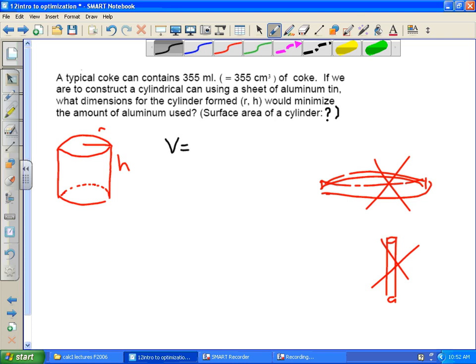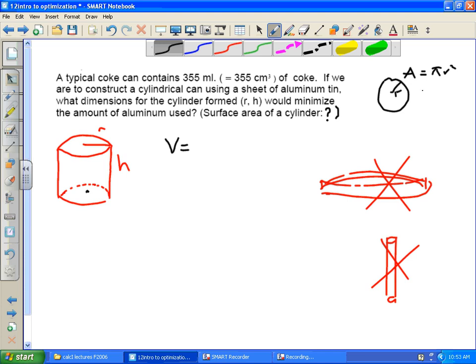Let's just remind everybody what the formula for the volume is. This is easy because it's just going to be the area of the base times the height. What is the area of the base? What is the area of a circle? Again, this is very important. Everyone should be familiar with the area of a circle: pi r squared, if the radius is r units.